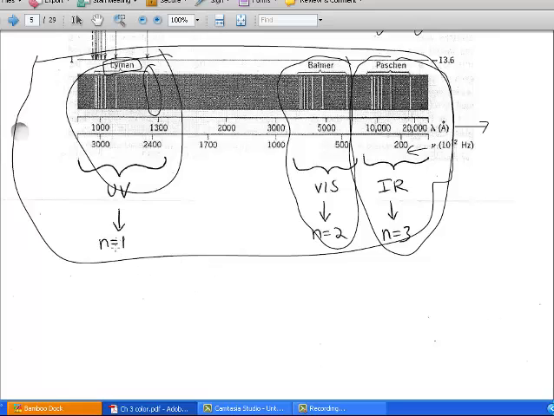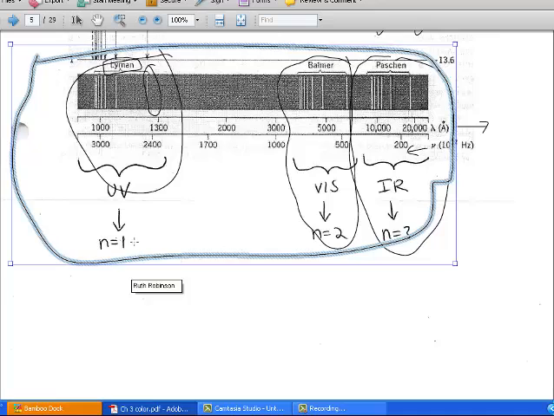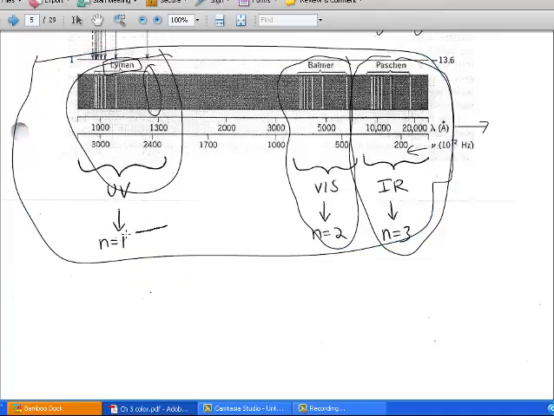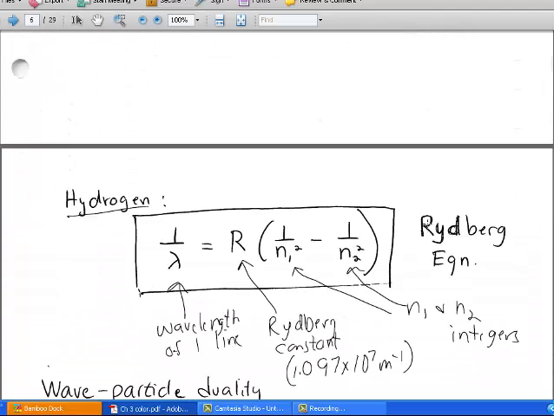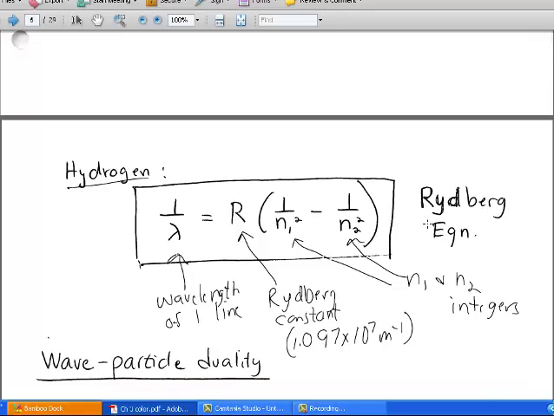And one of the n's is given below here. I wrote it in. One of the n's is 1 for all of the first group, 2 for all the second group, and 3 for all the third group. And you'll understand what these n's are in a few minutes. Anyway, they experimentally determined where the lines were, and then they could use this equation to exactly predict where they would be. And that is the hydrogen spectrum.